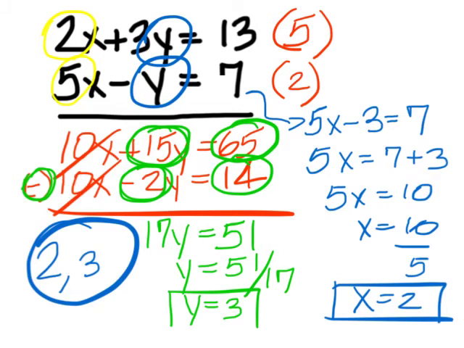Now you either have to add or subtract. If you add 10x and 10x, you get 20x. They're still there. You want to get rid of them. So it would be 10x minus 10x that would give you 0x. It cancels out. So 15 minus a negative 2 is 17. 65 minus 14 is 51.